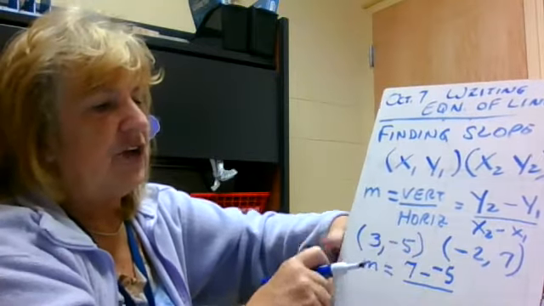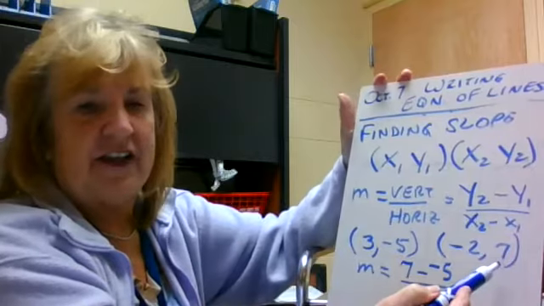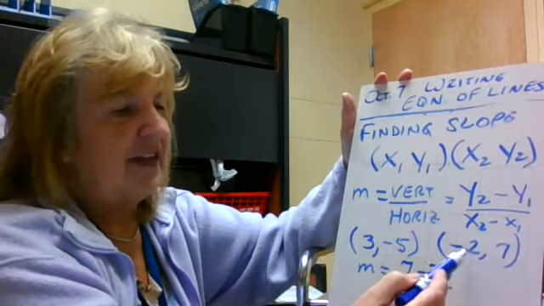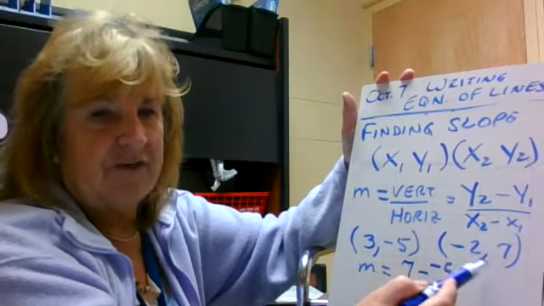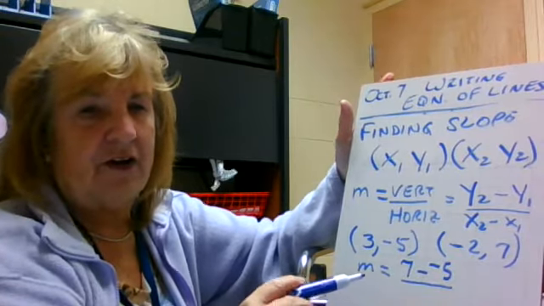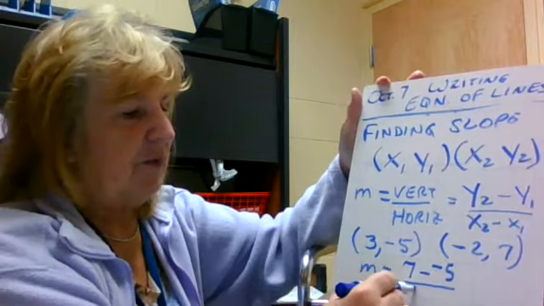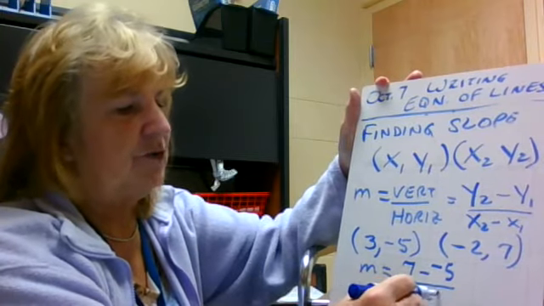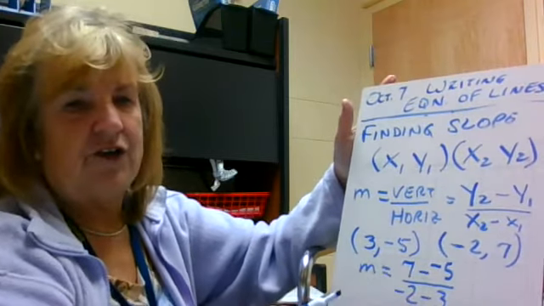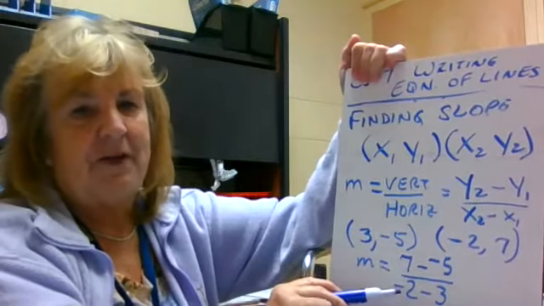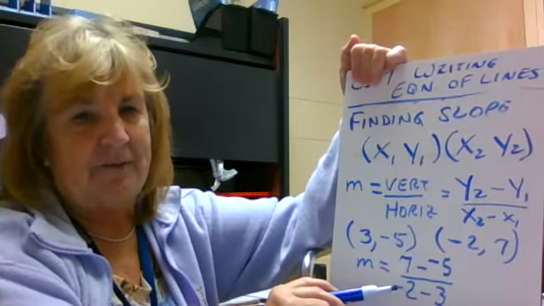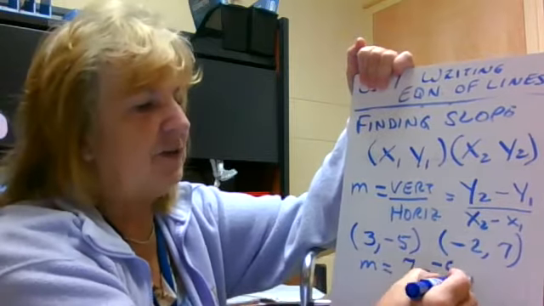But because I use the 7 first on the top, that means I have to use the negative 2 first on the bottom. I have to use the same ordered pair. So on the bottom, I would have negative 2 subtract 3. So I get to pick the number I use first on the top, but I don't get to pick the one on the bottom. And now we just simplify.